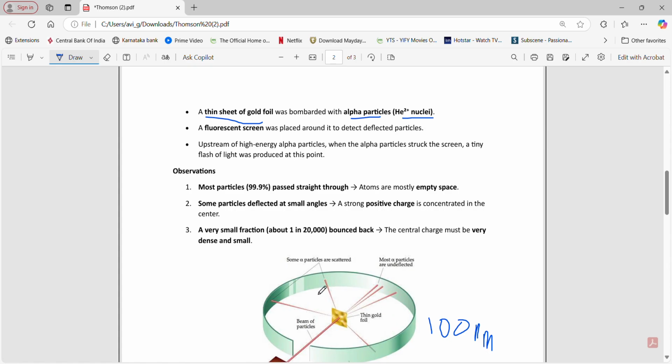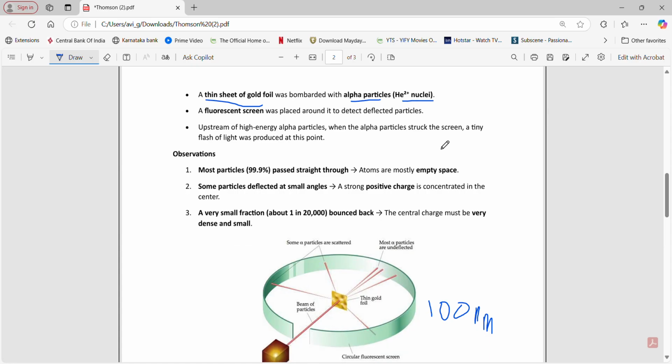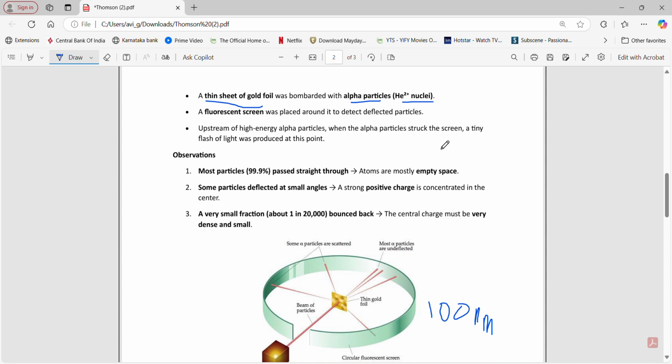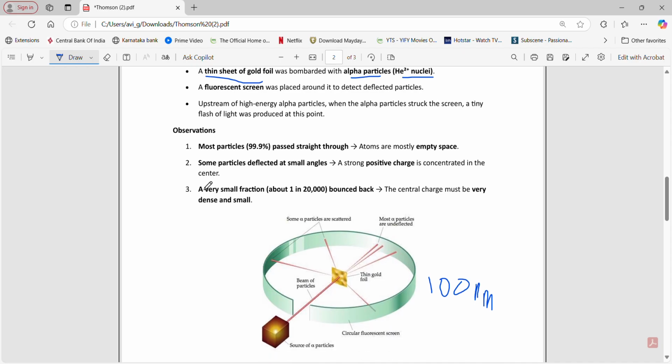The inner part of this screen was coated with zinc sulfide, so when these alpha particles strike this screen, we would see bright dots on this screen, which would indicate that alpha particles are striking on this point.